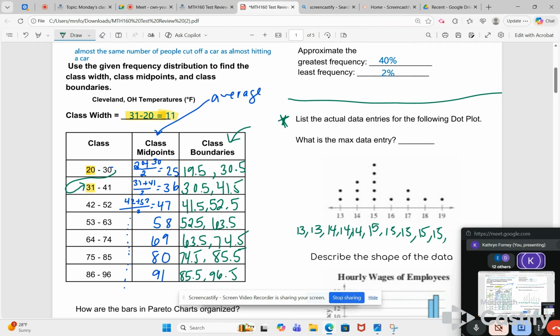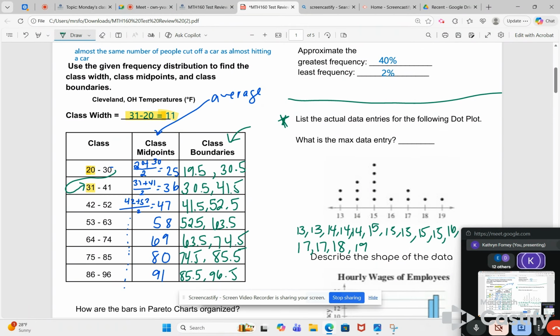You would write 16 once, 17 twice, 18 once, and 19. And this is important because we're going to get to something in the next unit.